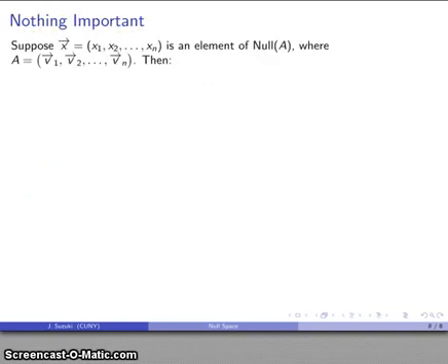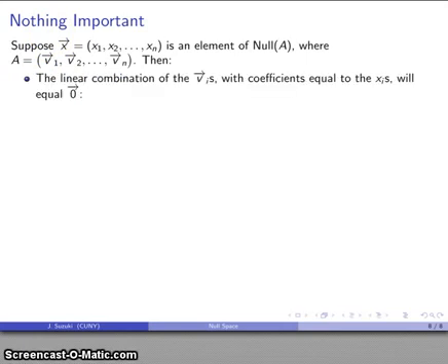Well, there's one more component we can talk about. Suppose I have some point with these coordinates, and suppose that's an element of null A, where A is going to be some set of vectors. Here I've actually drawn the vectors, but remember we want to read these as column vectors. Then, because it's an element of null A, I know the linear combination of the v_i's, where the x_i's are the coefficients, is going to equal the zero vector.